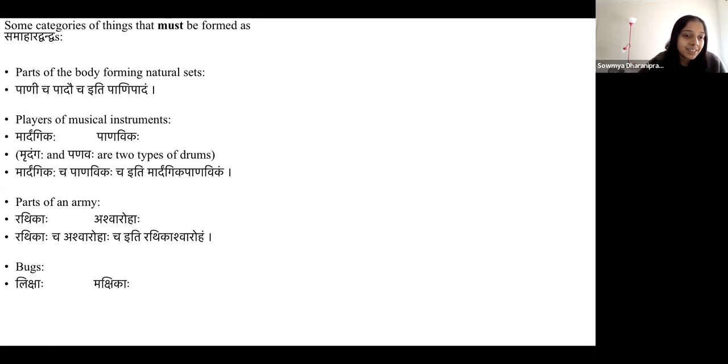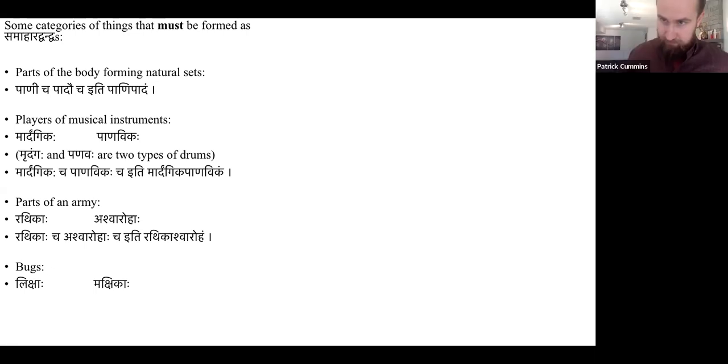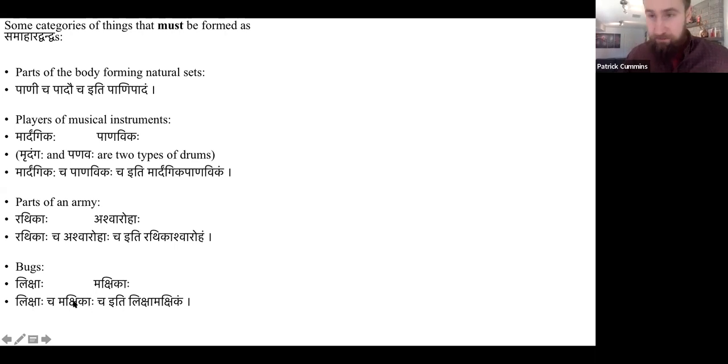Likshas cha makshikas cha likshamakshikam. Perfect. Exactly right. You added the chas, put them both in plural, and regardless of the fact of the reference themselves being in plural, it's a samahara dvandva, and so it goes in the neuter singular.